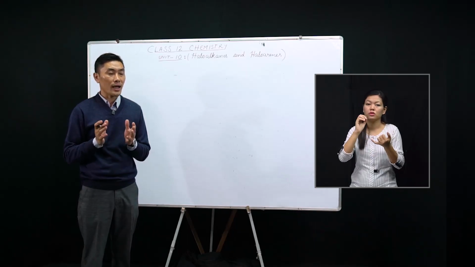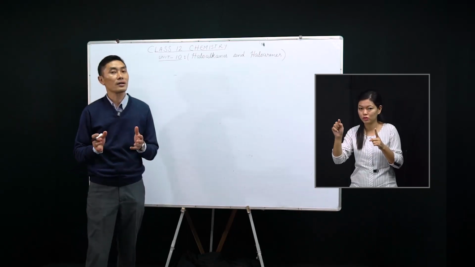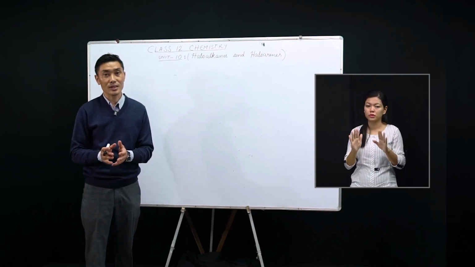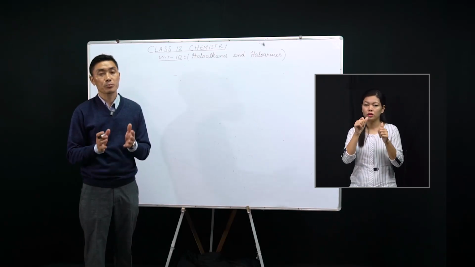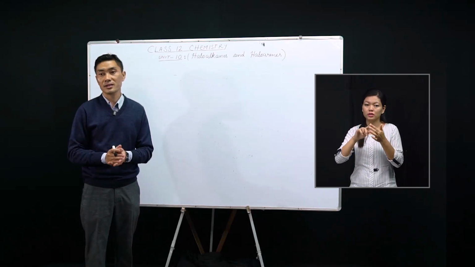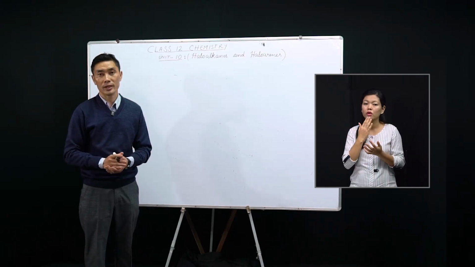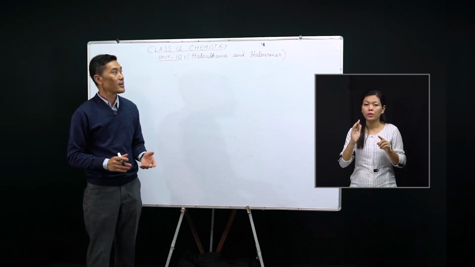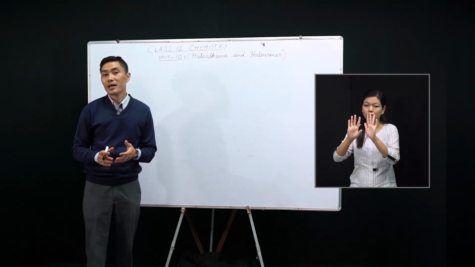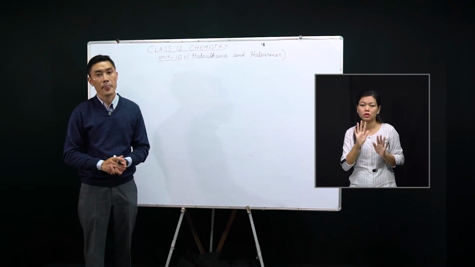Many of these haloalkanes are colorless in the pure state, but the bromides and iodides develop color when they are exposed to light. And many of these haloalkanes are sweet-smelling compounds.